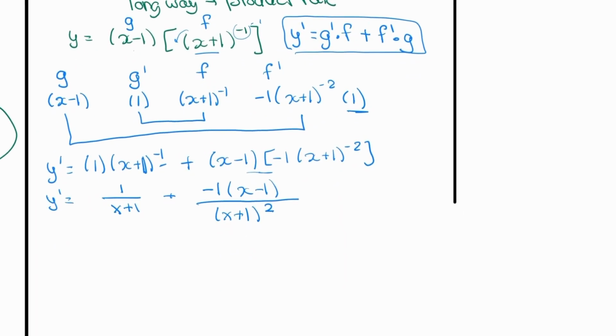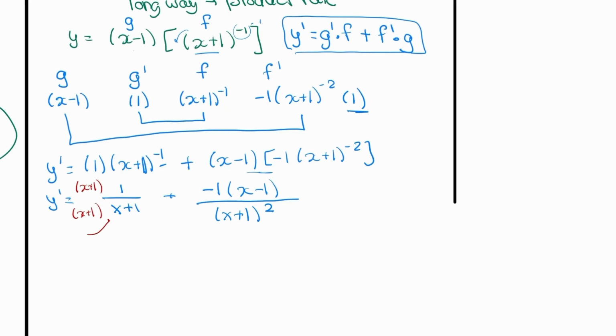Okay, I can't add them together unless I have a common denominator. So let's get a common denominator of (x + 1) squared. I can do that by multiplying this first set of terms by x plus 1, both the top and the bottom. And that will make this (x + 1) squared.